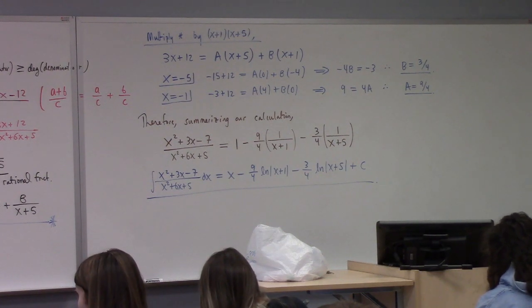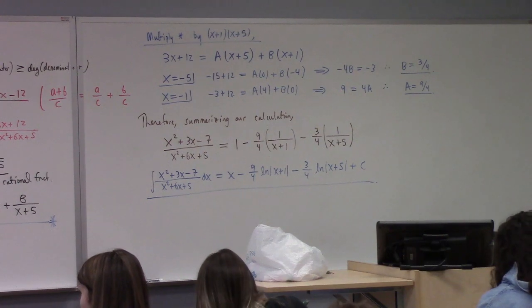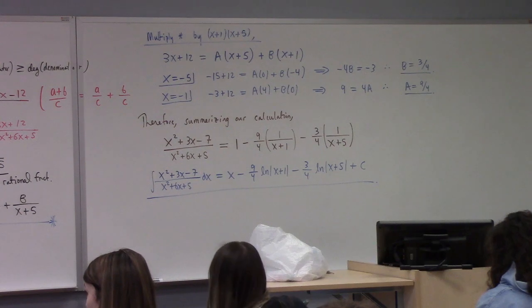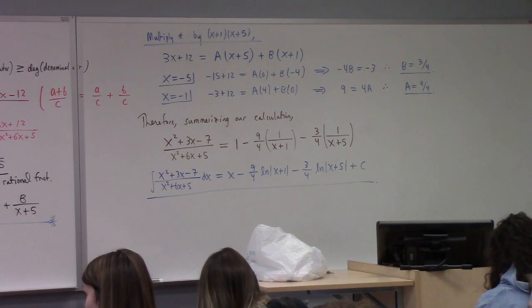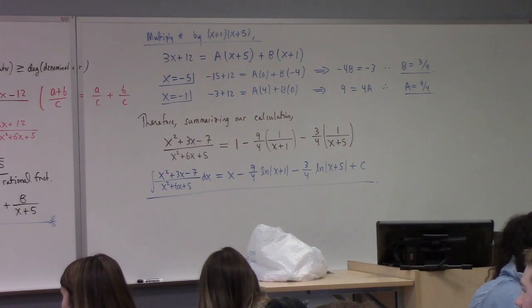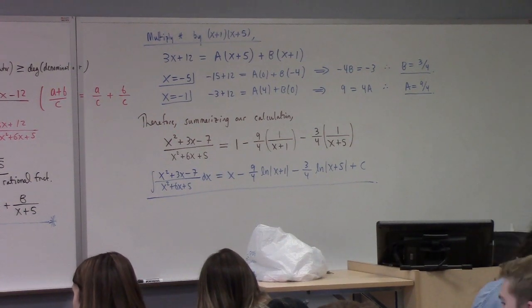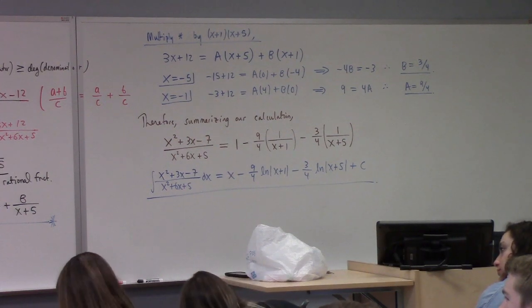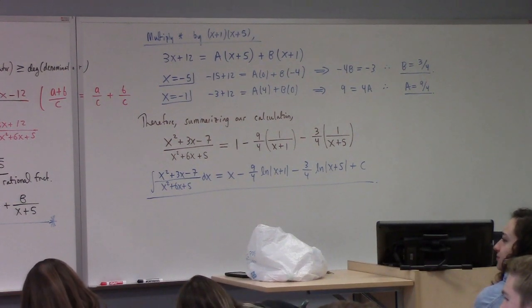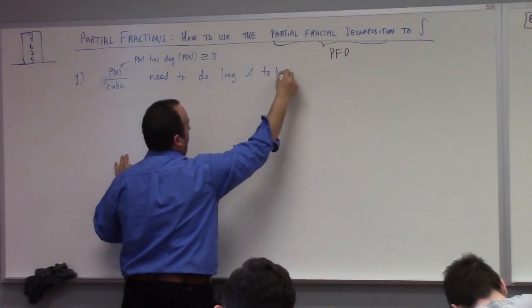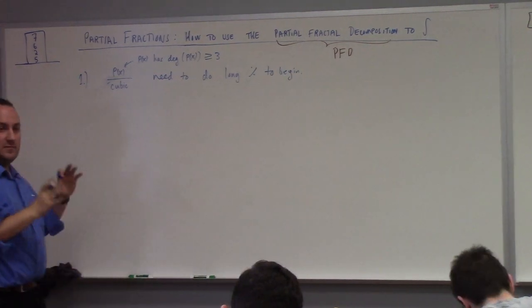Well, first of all, if we have a cubic over a cubic, or really, let's just say p of x up here, and if the degree of p of x is greater than or equal to 3, you'll need to do long division to begin. Right? We'll come back to that.